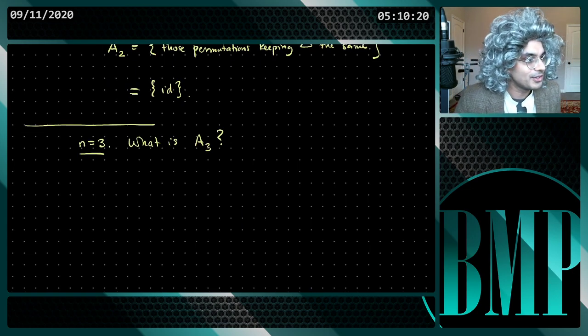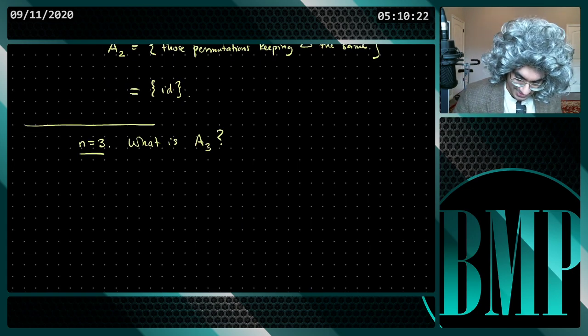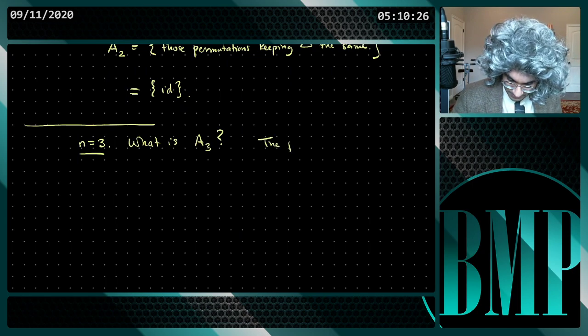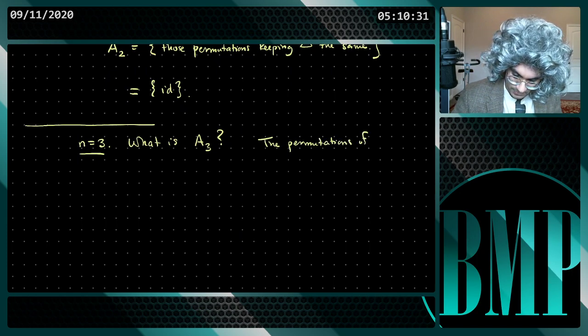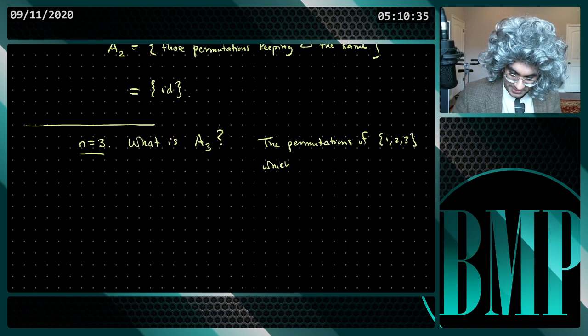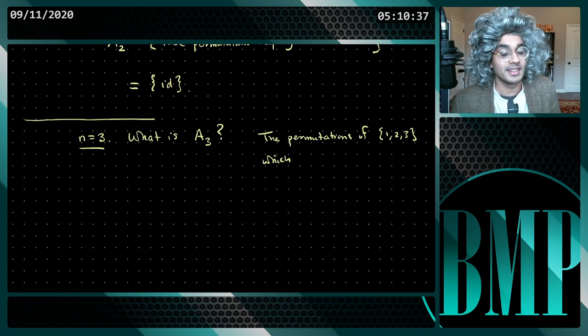So A3 is the permutations of the three numbers which keep this discriminant polynomial the same.